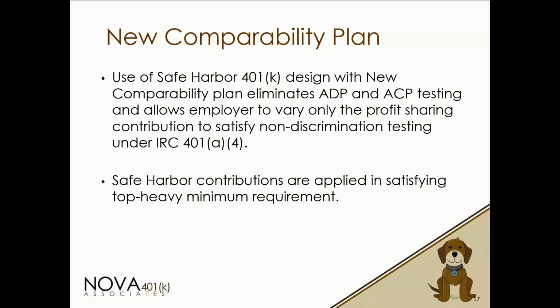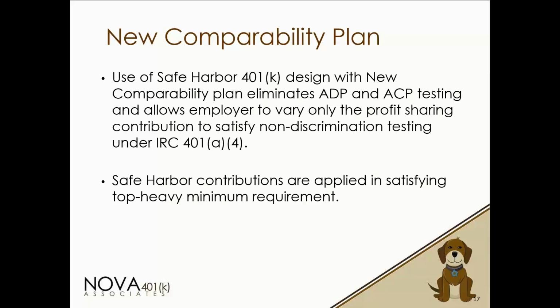So you don't have to worry about the other two tests, the ADP and the ACP. So typically we would design a new comparability plan with a safe harbor 401k plan.